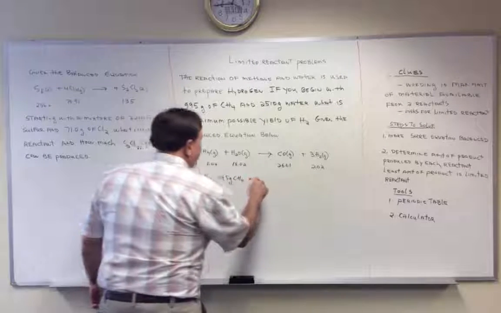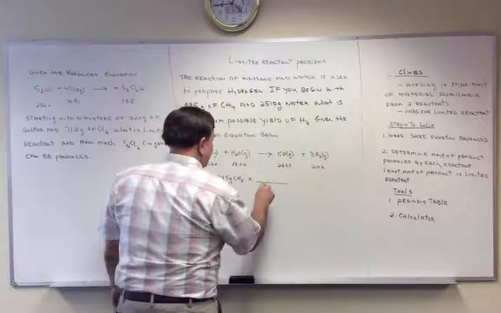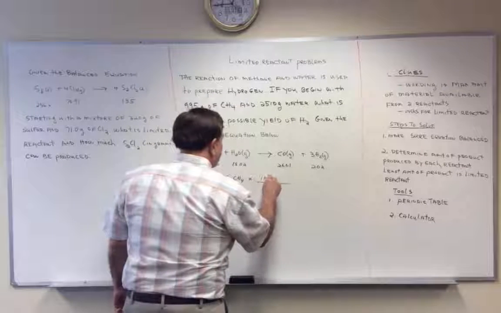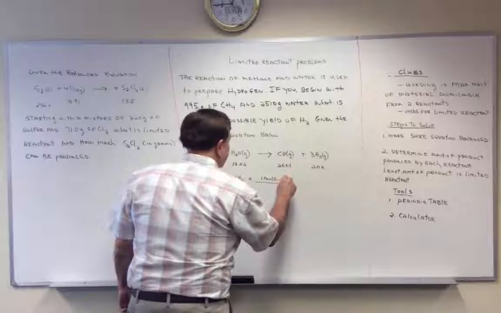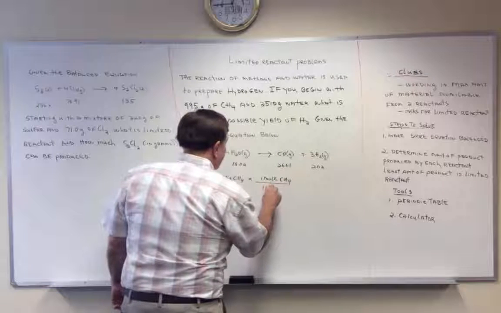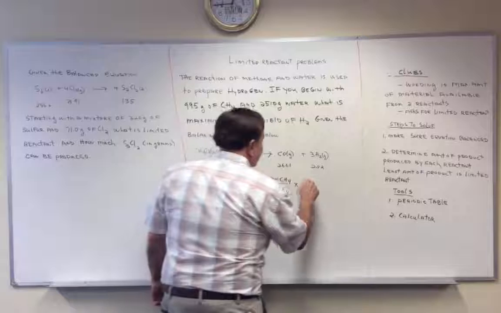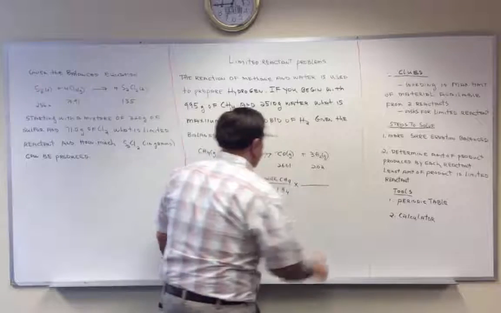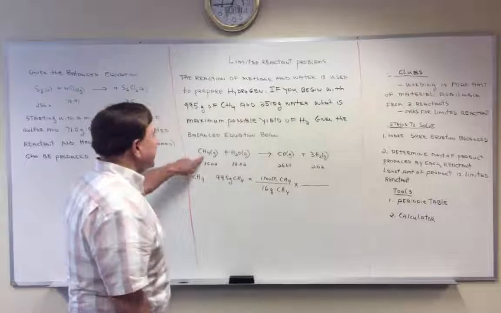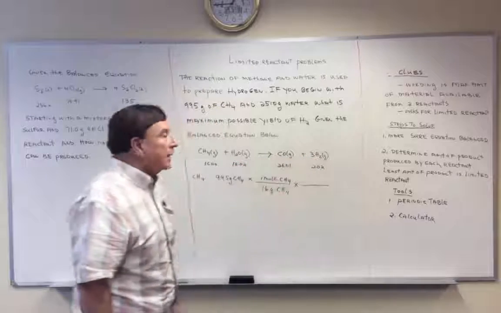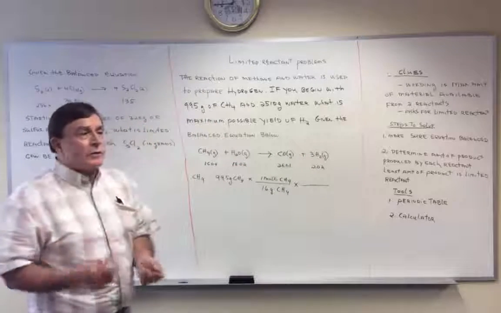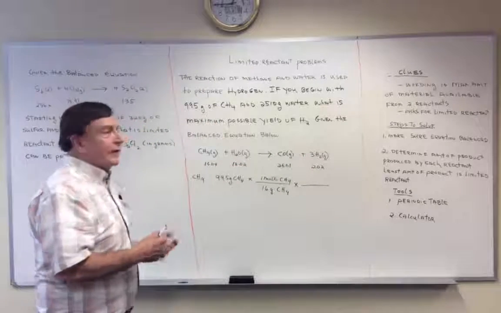Okay, now we need to convert it to moles of methane. We know that 1 mole of methane is 16 grams of methane. Now we need to find a relationship between methane and hydrogen. Because how are we going to produce it unless we have that relationship?